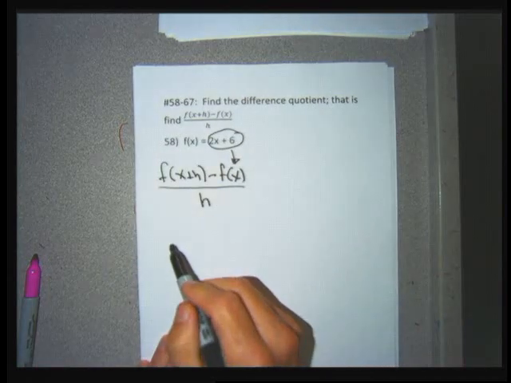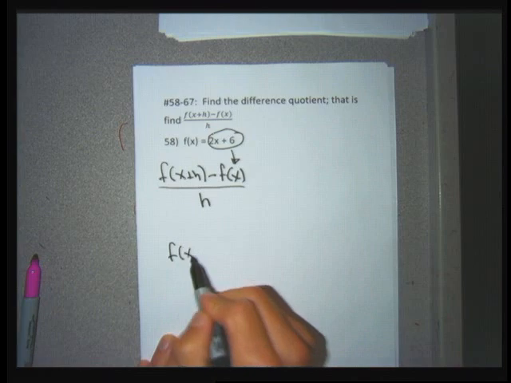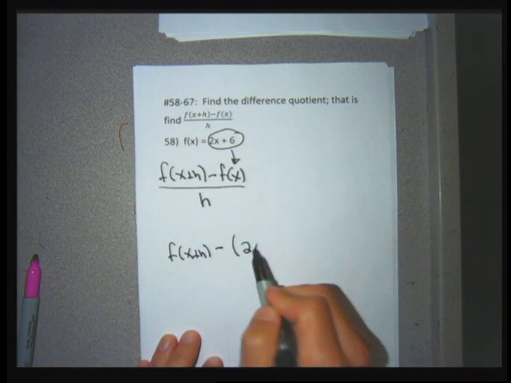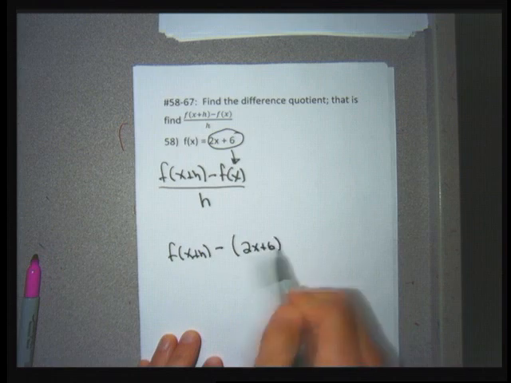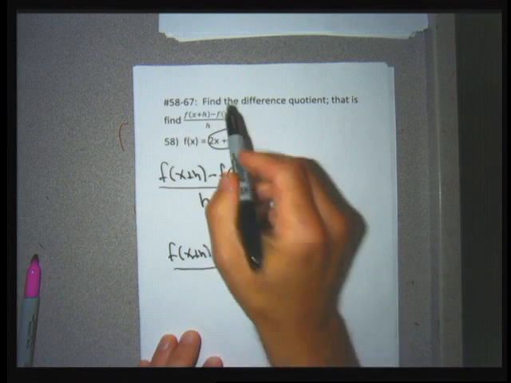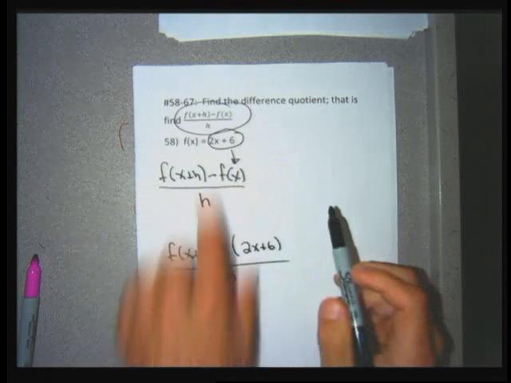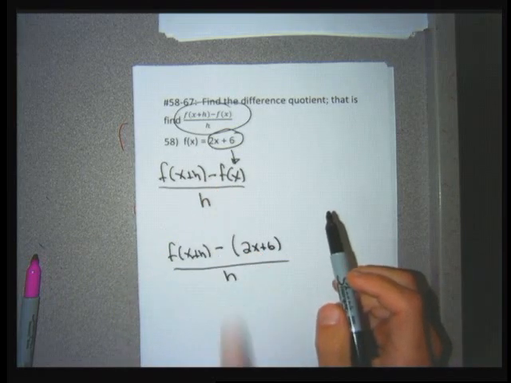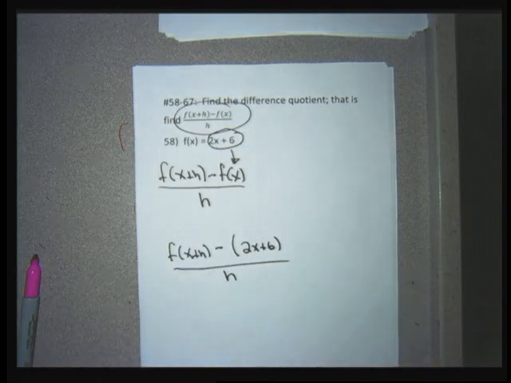So in my efforts to find this difference quotient, I'm going to replace in this formula the f of x, in a parentheses because it's next to a minus sign, with 2x plus 6. I'm going to leave the letter h. That's the beginnings of what I need to do.